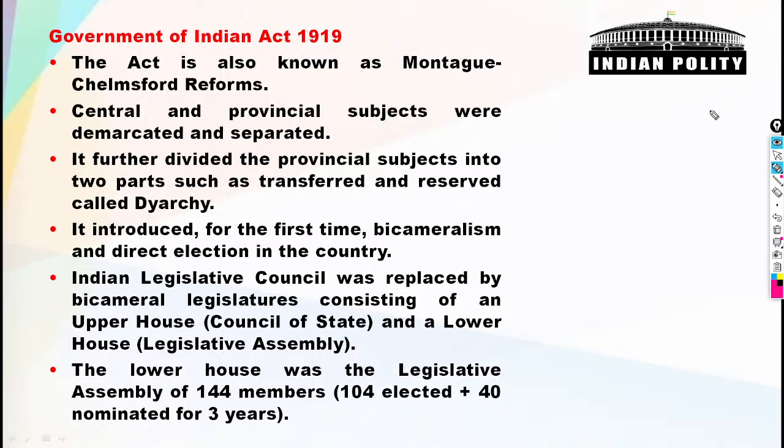That was a very destructive thing, and it enraged the Indian leaders who had good faith in the British. It had irritated them and angered them.